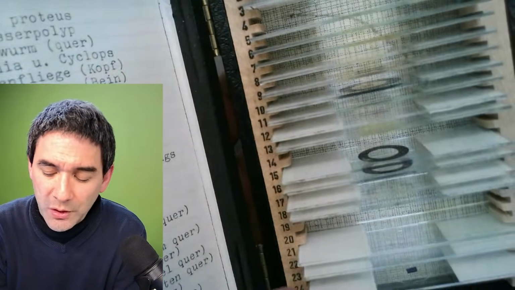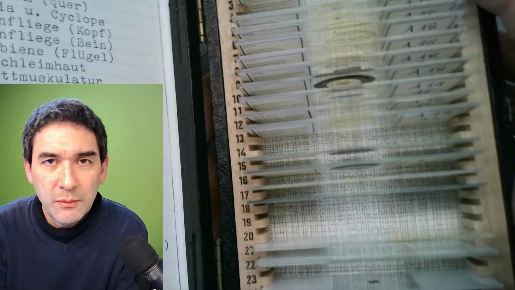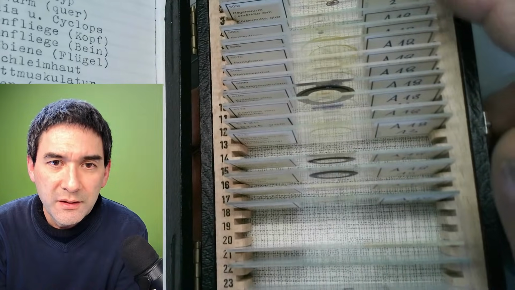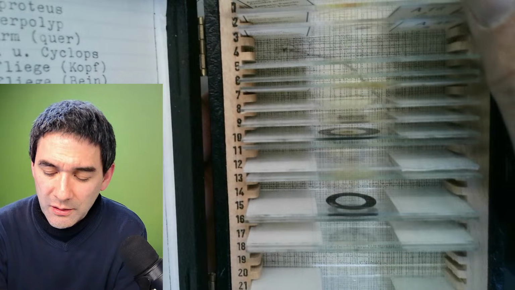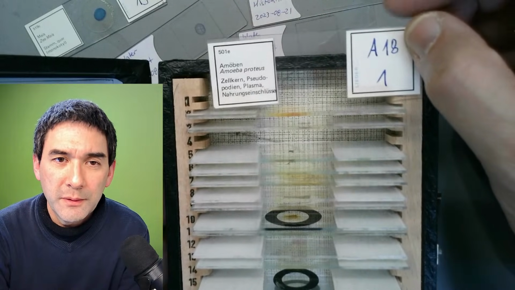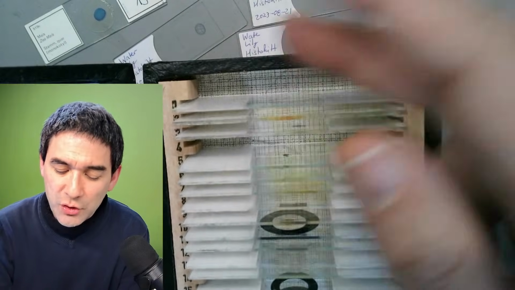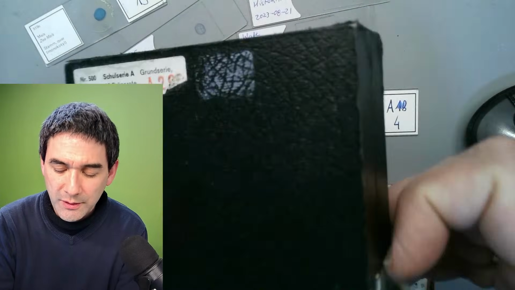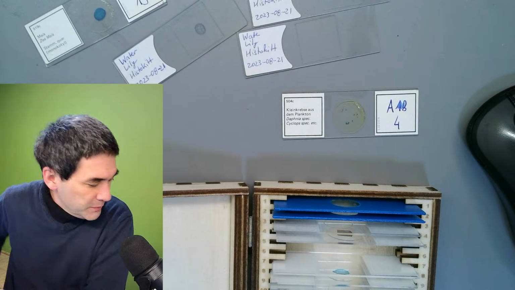Because we've got several of these boxes, they are all numbered: 1, 2, 3, 4, 5, 18, 19, 20, whatever. It says here Series A, box 18, the first slide. So that's just some kind of indexing system that we've been using. So just put them away here.